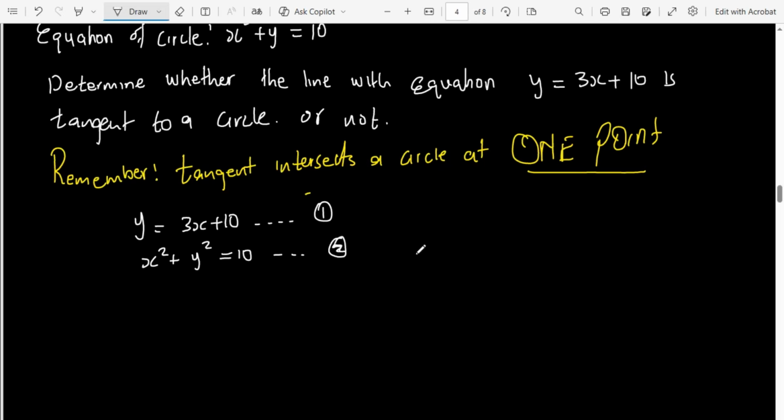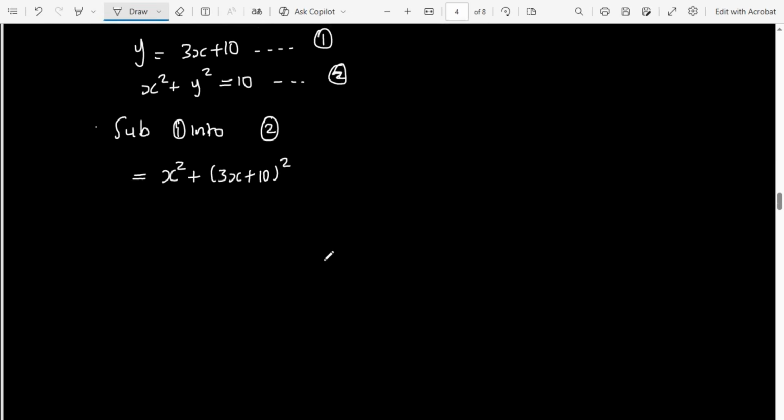Okay. So now we already know what y is. Y is 3x plus 10. Where there's y in equation 2, we're going to substitute equation 1 into equation 2. So this will be x squared plus (3x plus 10) squared, equal to 10.